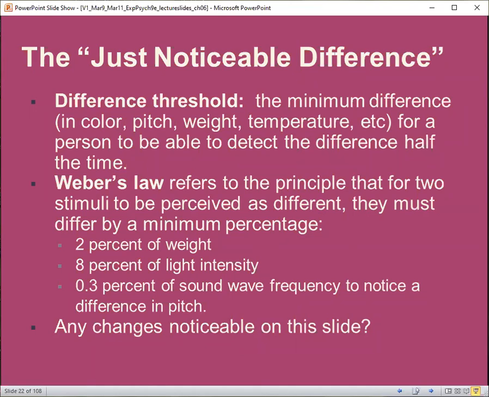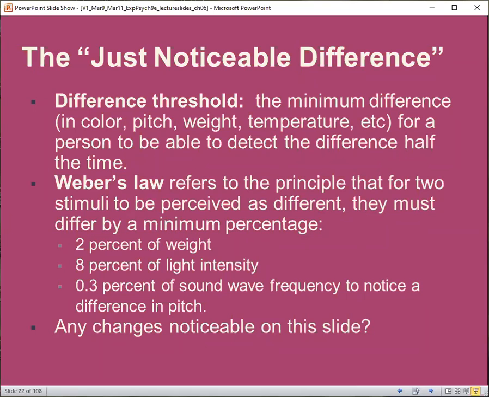Then 50% of the time you will be able to tell. Then we need 8% difference for light intensity to be seen as different. So the one light needs to be 8% more intense than the other, so you can say, yes, they're different from one another. 0.3% for sound wave frequency to notice a difference in pitch.